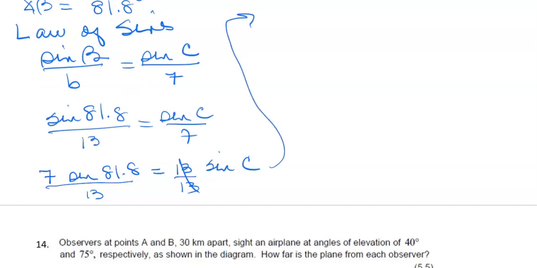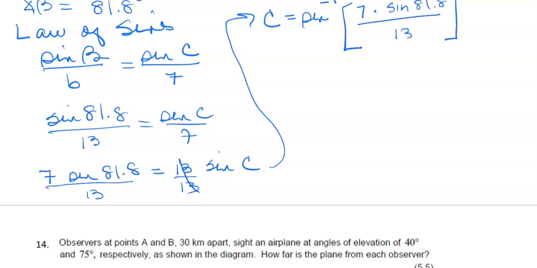In my calculator, I'm going to say angle C equals sine to the -1 of the following fraction: 7 times the sine of 81.8 over 13. That goes in my calculator in one step.